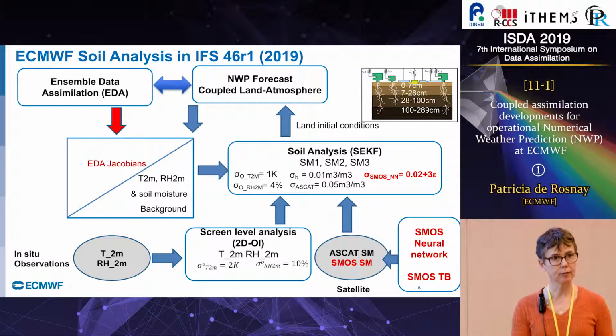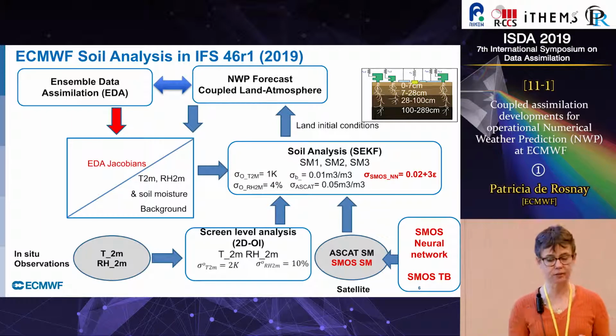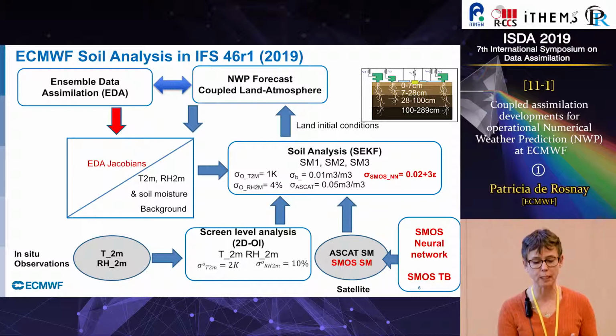You see, there is more dependency between the land surface and the atmospheric conditions when we use the EDA to compute the Jacobians. It's still a weakly coupled approach. So one more example to see that weakly coupled assimilation can mean many different things. So we are still using a weakly coupled approach, but with an enhanced coupling with the atmosphere.